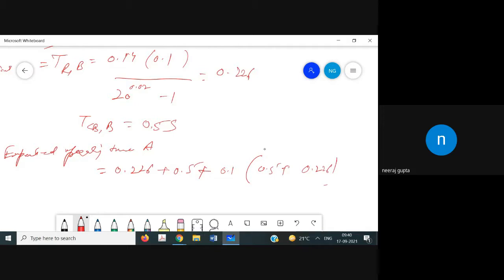So this is coming out to be 0.7986, which is approximately 0.8 seconds.